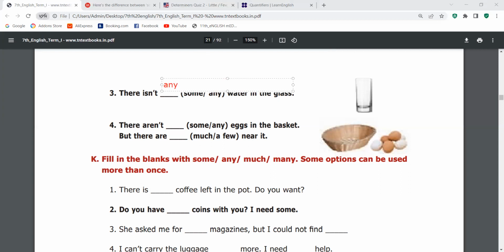They have given a diagram to make it easy for you, so that you'll be able to guess the answer easily.